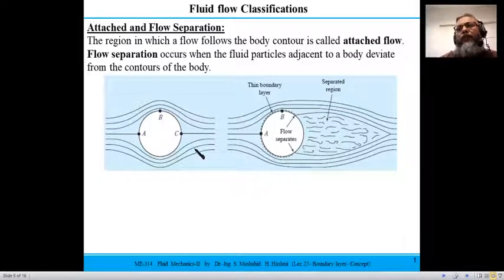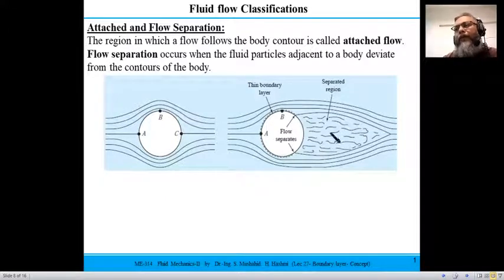But if you have a case in which your Reynolds number is high, and we will define this Reynolds number later too. Here A is a stagnation point, B is the point where velocity is maximum, and at some point, at an angle of about 80 degrees from the horizontal, these two points are called flow separation points, where streamlines detach from the main flow, and the wake region or separated region is generated.